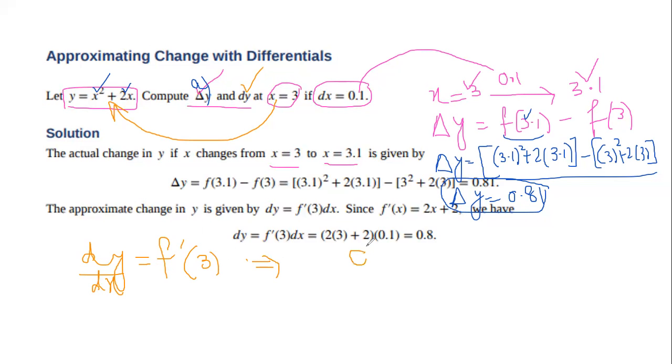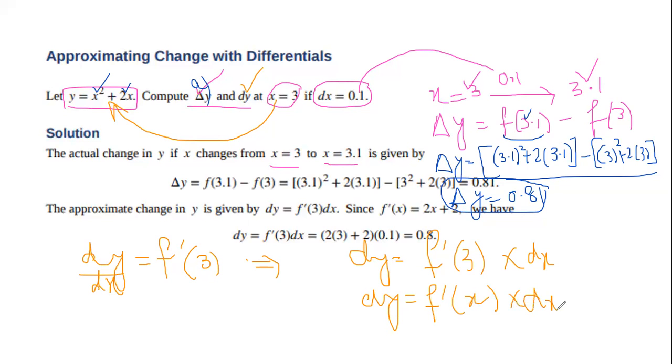So I will write that dy equals the function derivative of 3 into dx. First I have to take the derivative, the general derivative with respect to x. So I have to take the derivative first.